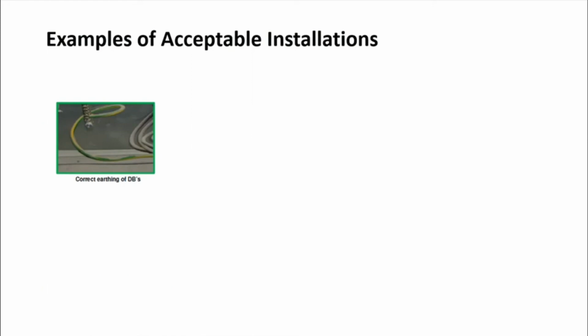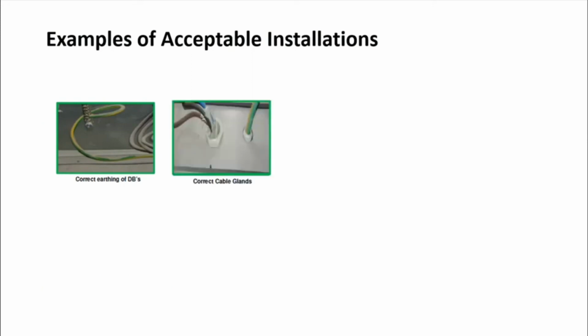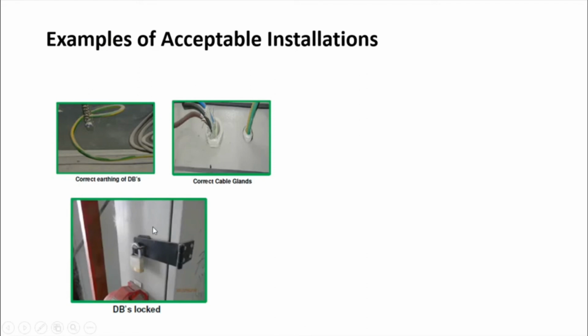Example of acceptable installation: earthing of DB. We should have earthing for all the distribution boards, and correct cable glands. So we have cable glands that protect our cable from the sharp edges, and DB with the provisions of lock.